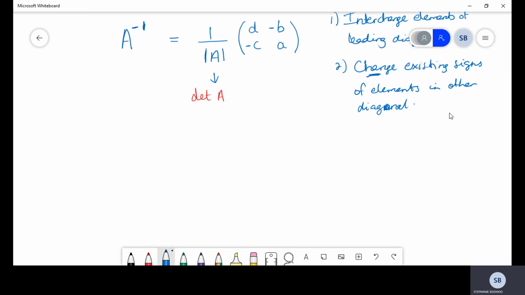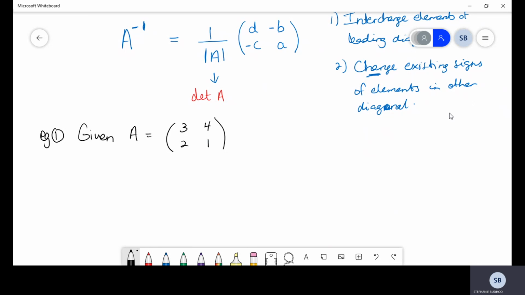So, example. First question. We're going to do example 1 here. Let's just say they have given you a 2 by 2 matrix here, and the values are 3, 4, 2, 1.